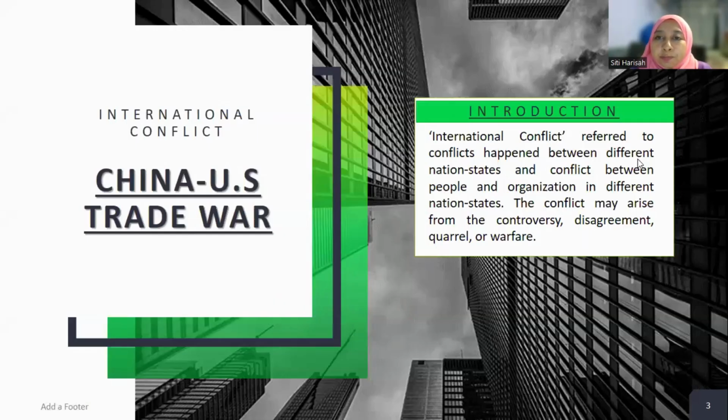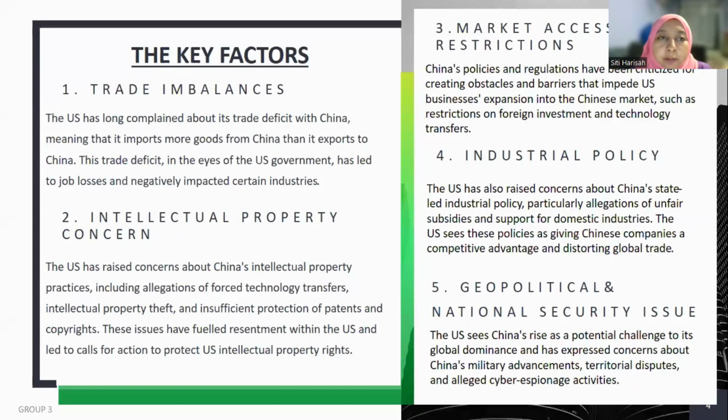International conflict refers to conflict between different nation states, and conflict between people and organizations in different nation states. The conflict may arise from controversy, disagreement, quarrel, or warfare.